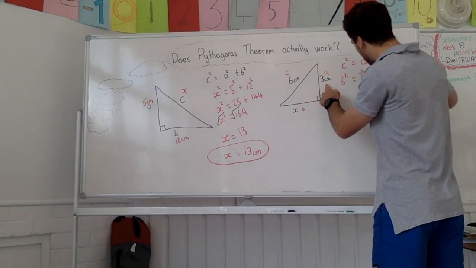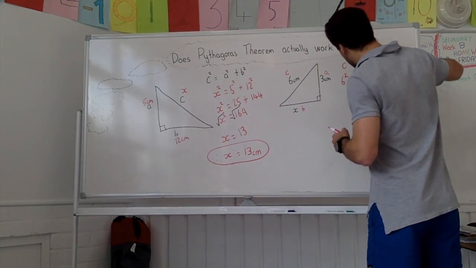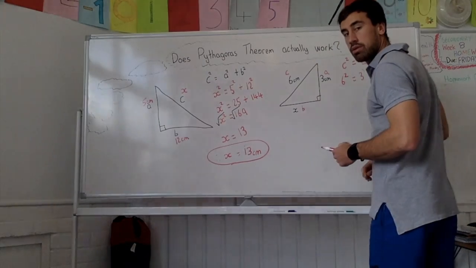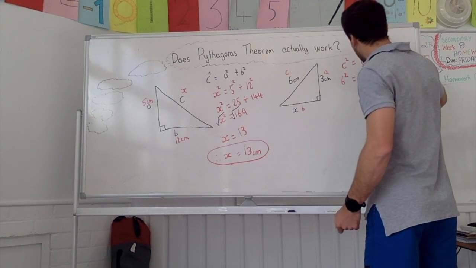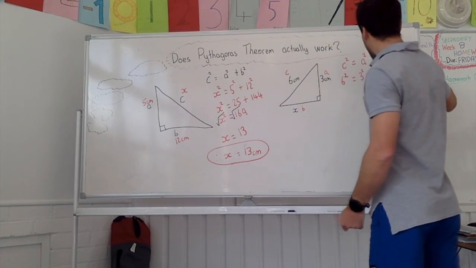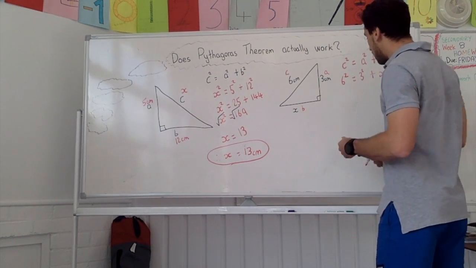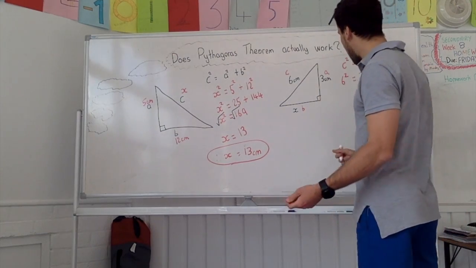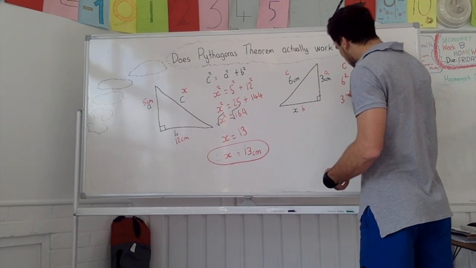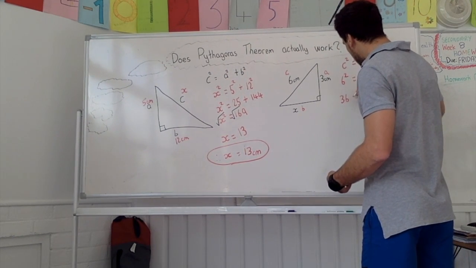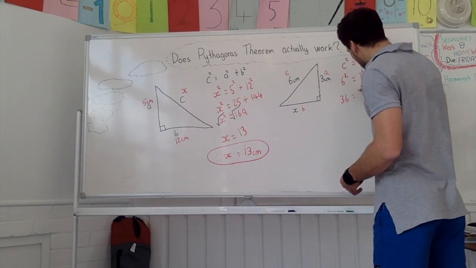It's 3 squared plus our unknown here, which is x squared. So now we're going to go through and do the maths. 6 squared, what's 6 times 6? Exactly 36 equals 3 squared, 3 times 3, 9 plus x squared.